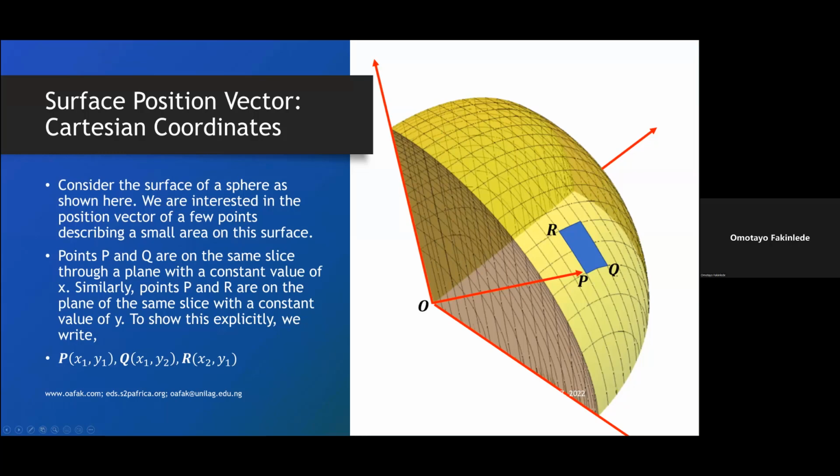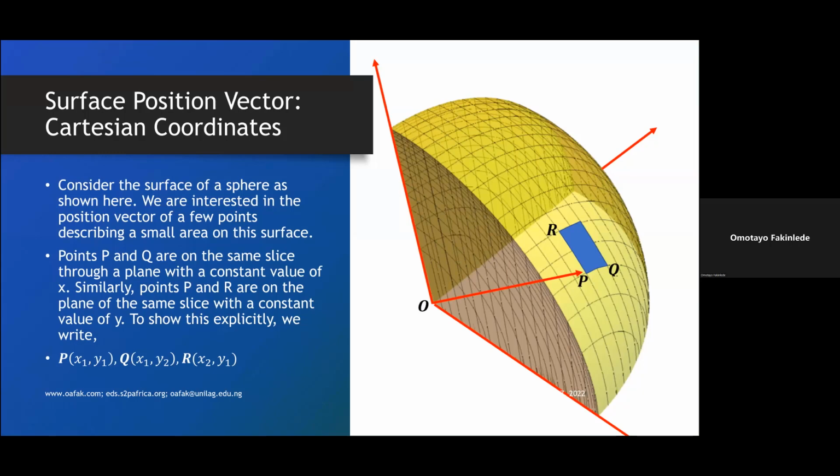If we keep making PQ smaller and smaller, it will almost become a straight line, and when it is very close, it is a tangent parallel to Y, because only Y is changing; there is no variation in X.